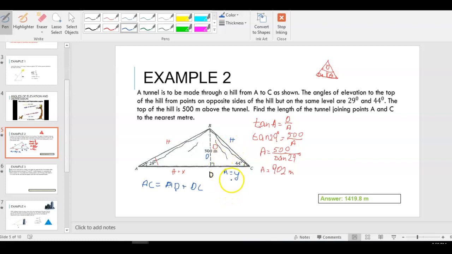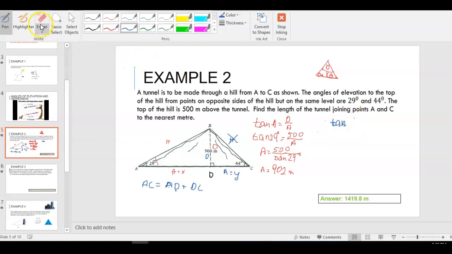Okay. In this triangle now, we need A and we have O. We have no information for hypotenuse, so we can cross that out. Again, O and A, we're going to use tangent. So let's start again here. Tangent of angle C in this case.